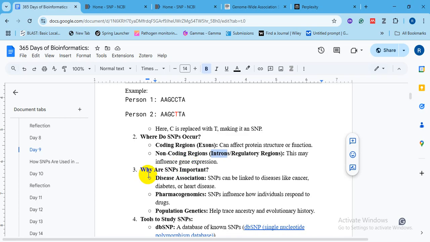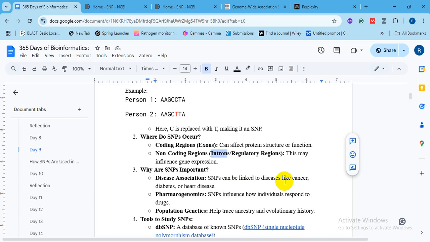Another title, why are SNPs important? Why do we care to study them? Number one, disease association. We found that specific SNPs in a specific site are linked to diseases like cancer. So a specific type of cancer, we link it as always associated with the presence of a specific SNP in a specific site.